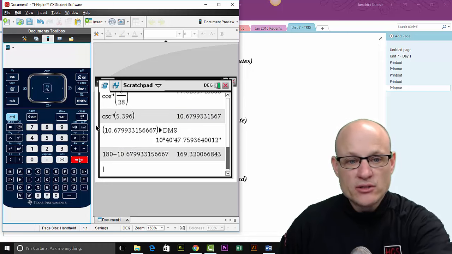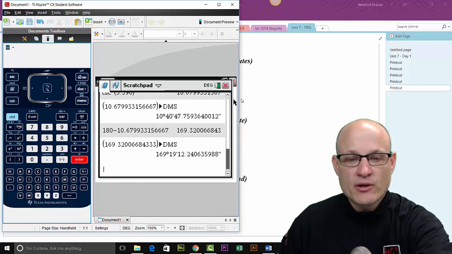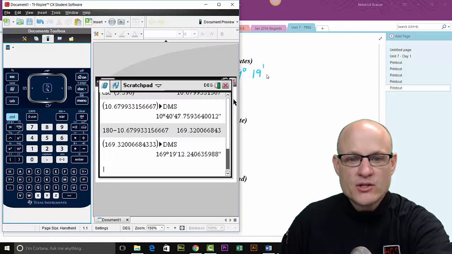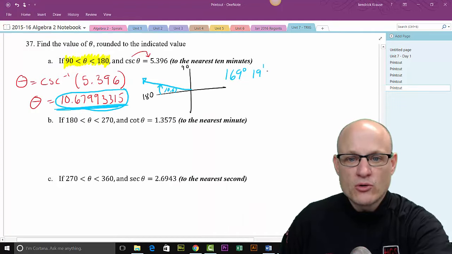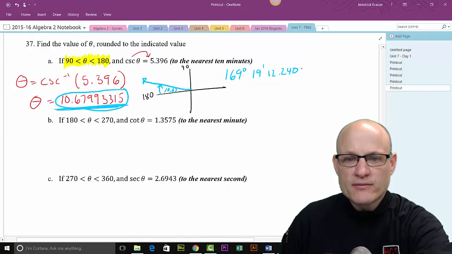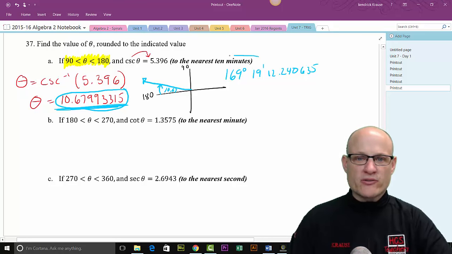And we get 169 degrees, 19 minutes, 12.240635 seconds. Now I want to round this to the nearest 10 minutes, so it should be 10 minutes, or 20 minutes, or 30 minutes, or 40 minutes.